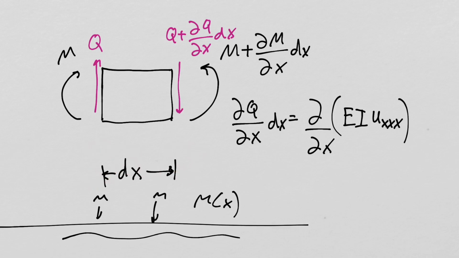So x seems to be positive in this direction. So this moment here, for example, at Q, which is perturbed by this much, that moment would be negative, meaning that would be going into the board. So a minus sign here would make a lot of sense. So this is our expression for dQ/dx.